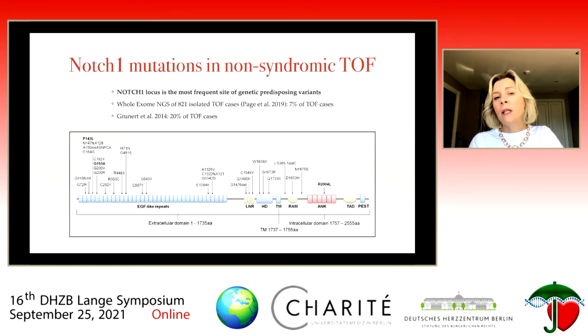So in our very distinctly selected patient group, we have seen 20% of those patients affected with NOTCH1 mutations. And in the far bigger TOF cohort used by Bernard Keavney, they found 7%. So I think from different studies, it's now clear that NOTCH1, particularly for non-syndromic TOF, is a very important gene. And I think it will be really interesting to correlate the distinct genetic affection with a distinct clinical phenotype we see.